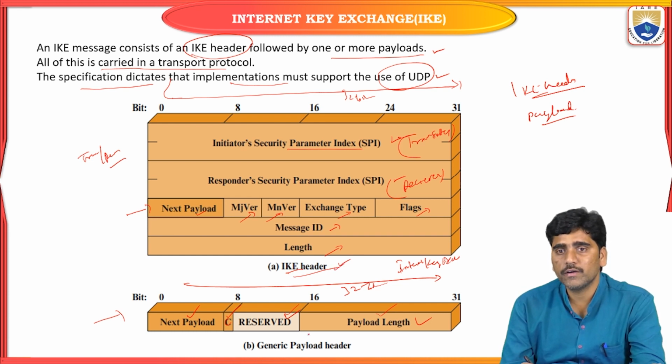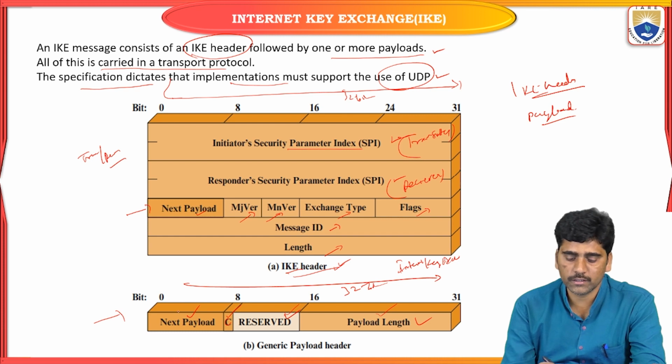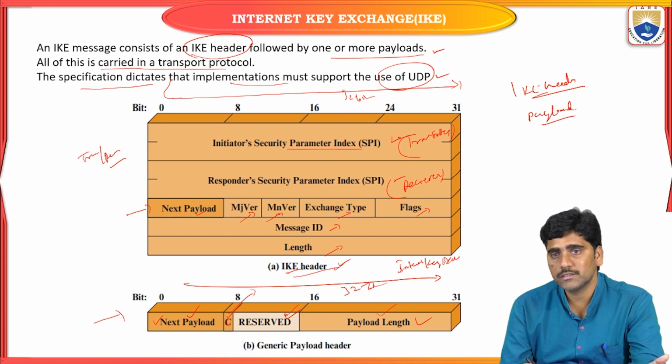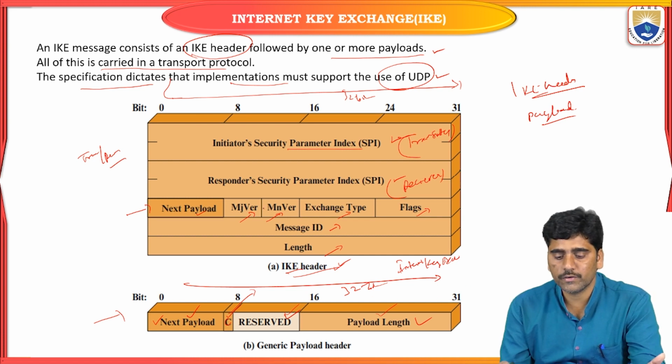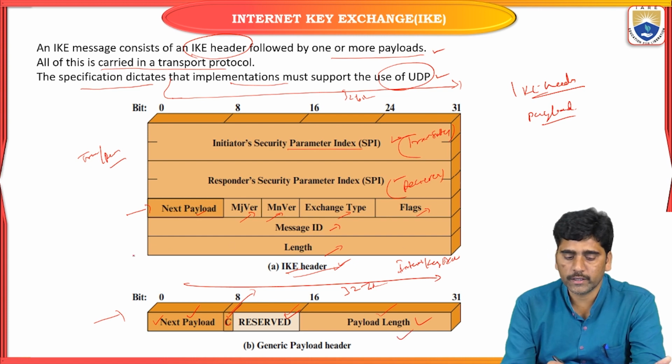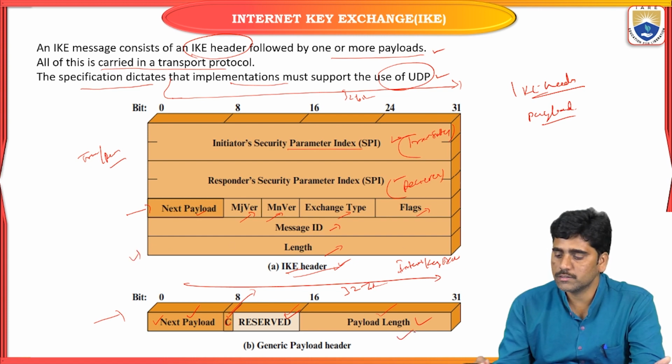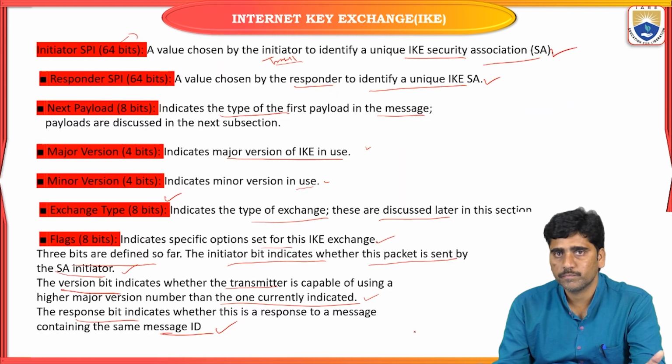But in the payload field, the generic payload header field contains next payload, checksum C, reserved payload, and payload length. These are all different fields in the payload header. So one is the IKE header fields and the second one is the generic payload header fields.